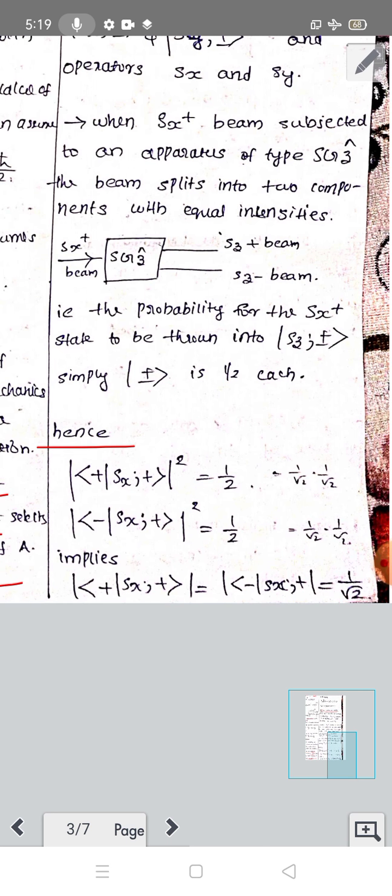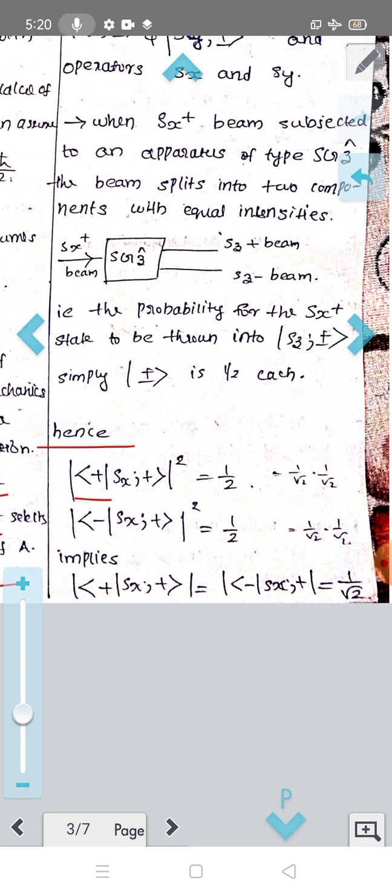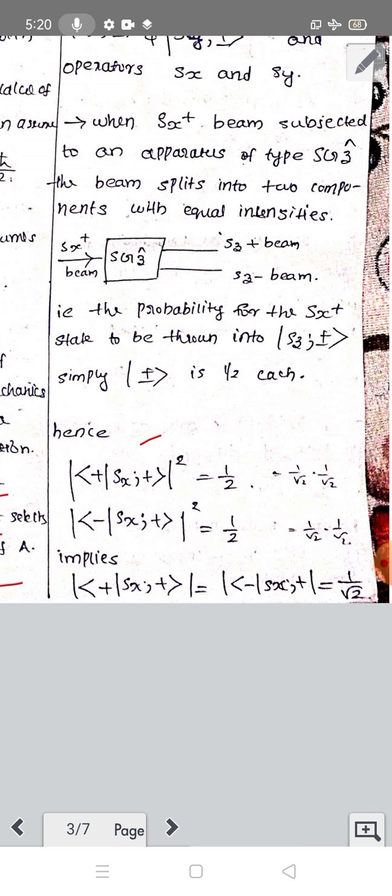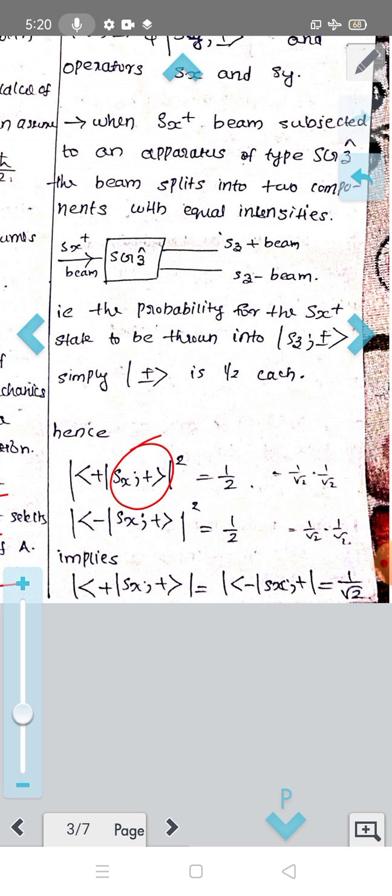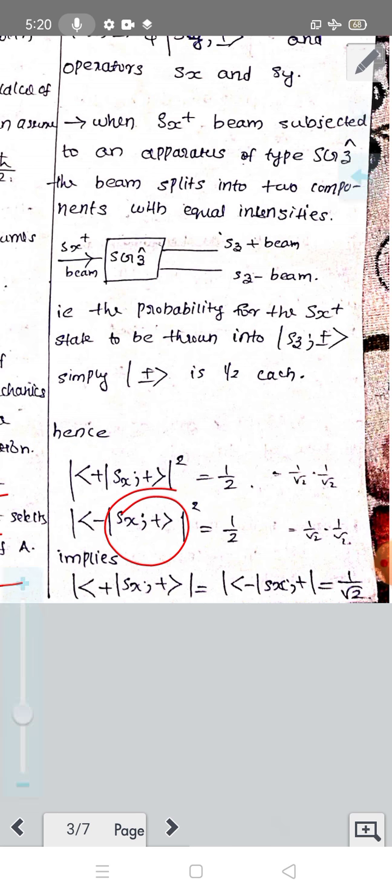Hence we can write the probability as modulus of <+|Sx; +> squared is equal to 1 by 2. Similarly, modulus of <-|Sx; +> squared is 1 by 2, because we already said that the probability for Sx plus to be thrown into the plus state, and likewise into Sz minus, is also half.